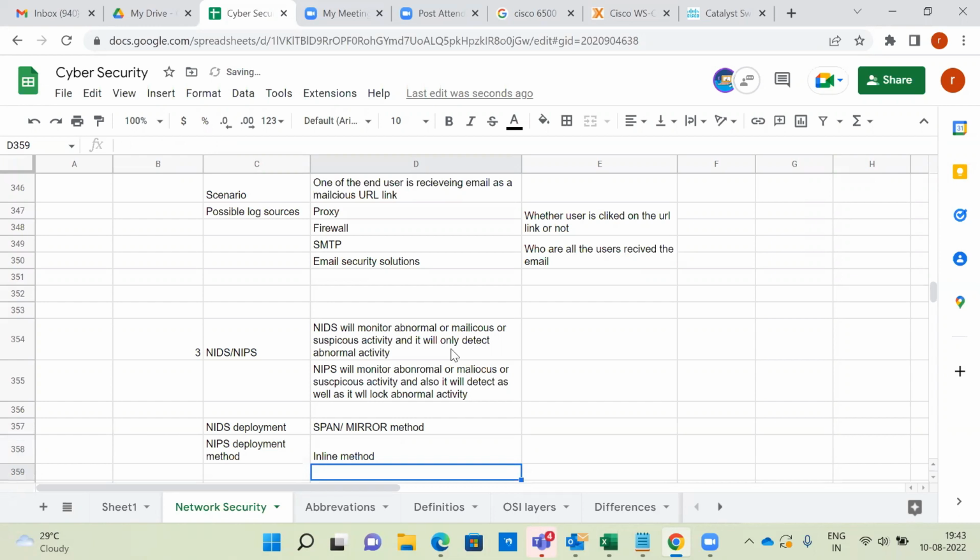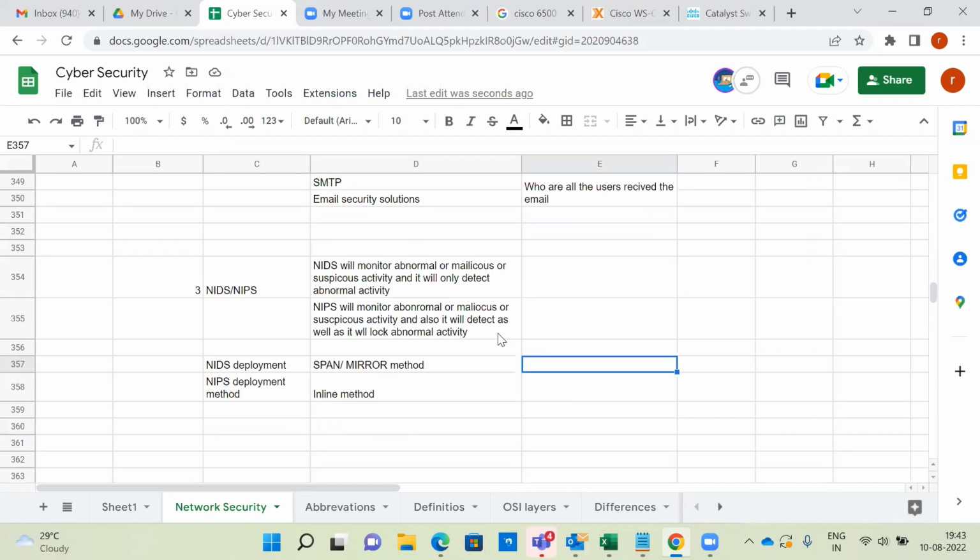For NIDS we use the span or mirror method because we are only monitoring here. Even for a POC, proof of concept, just for monitoring and not blocking, for testing of the tools, we use the span or mirror method. Maybe you will ask, then why use the NIDS tool? We can use NIPS or HIPS directly, right? Initially, the scientists identified NIDS.